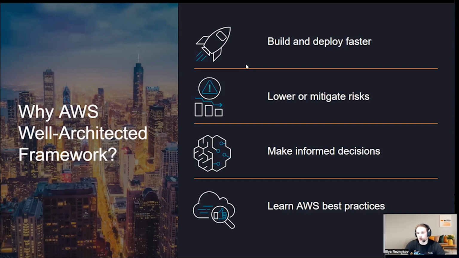As one outcome of applying the Well-Architected Framework to workloads, we identify risks. It means that when we know about the risks in our applications that could affect our users or impact our business, we may lower or mitigate them before they come to production.